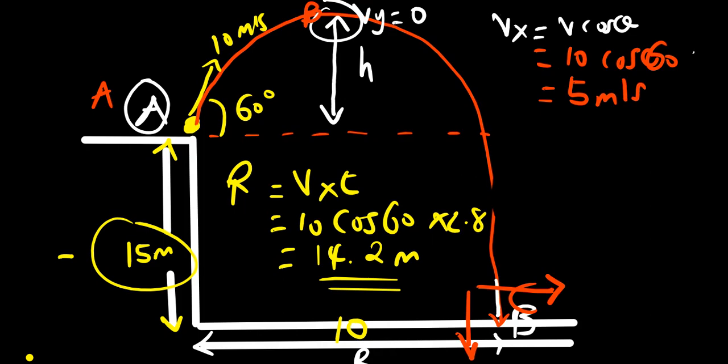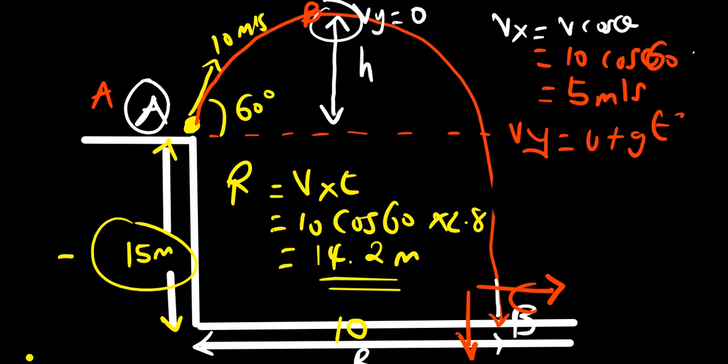Now for us to find the actual velocity, we also need to find Vy. Vy in the y direction will just be u plus gt.